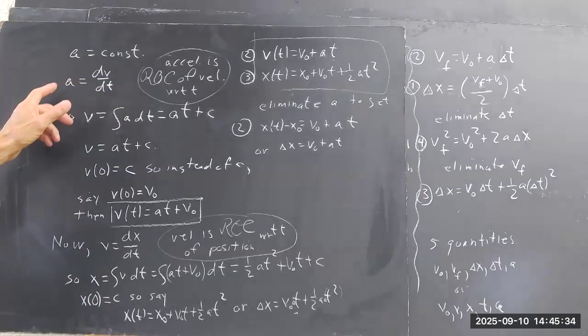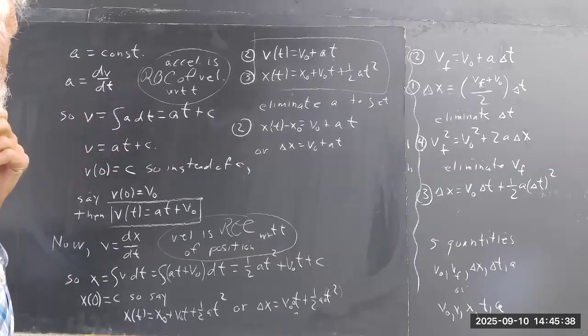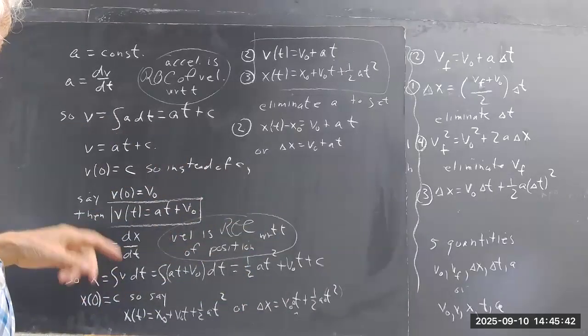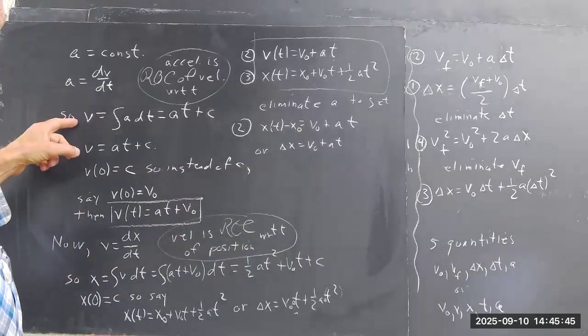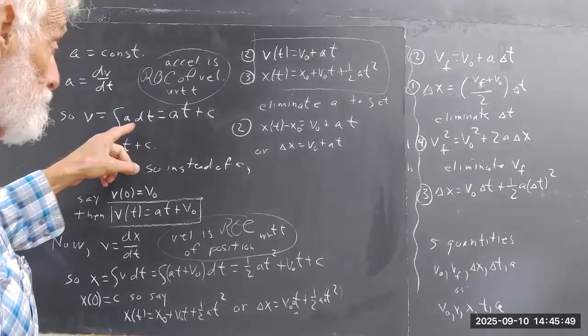Because, of course, if the acceleration is the time derivative of velocity, then by the first fundamental theorem of calculus, velocity is an integral with respect to time. That's your dt of the acceleration.